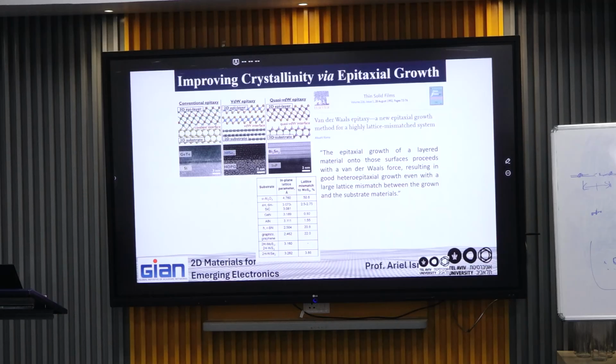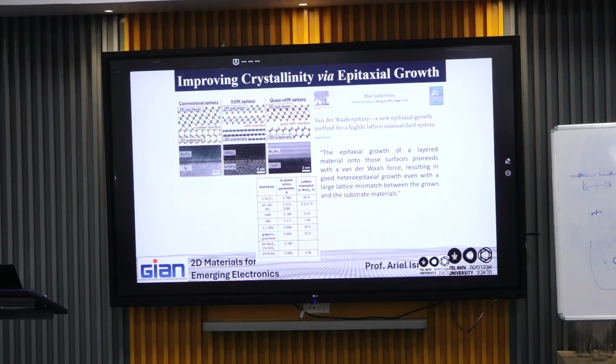In principle, if you grow epitaxial layers, it doesn't matter that the domains at the beginning are very small, as long as all of them are in the right orientation, they will all merge together into a single crystal. So that's the idea of epitaxial growth, right?